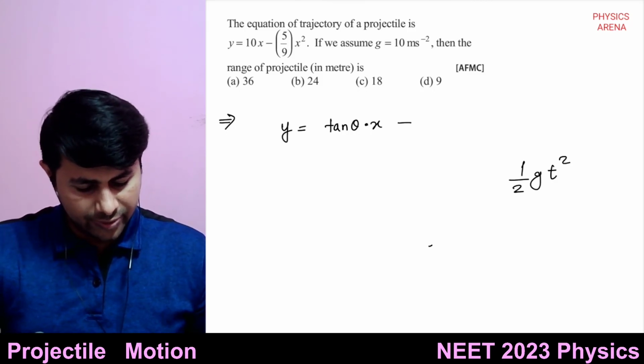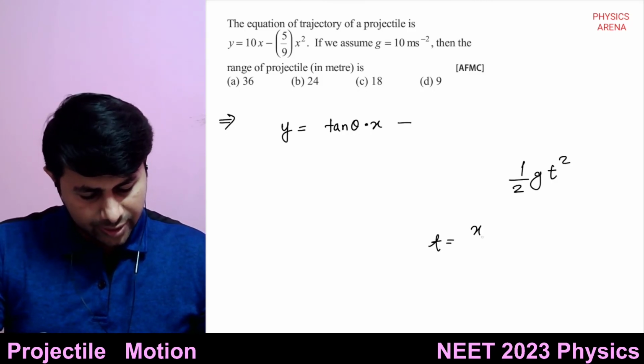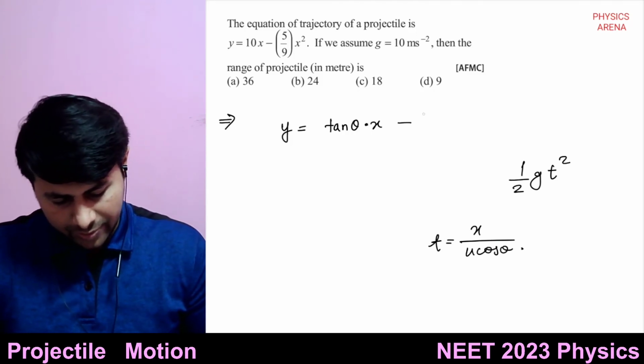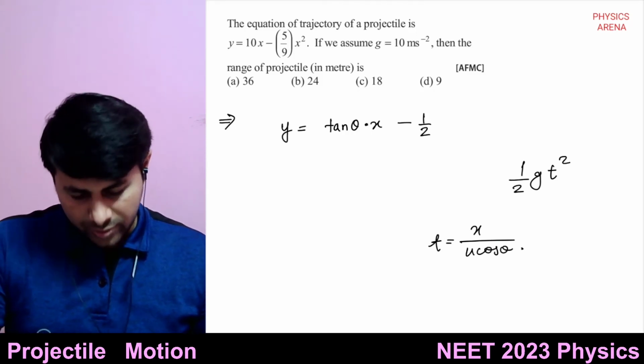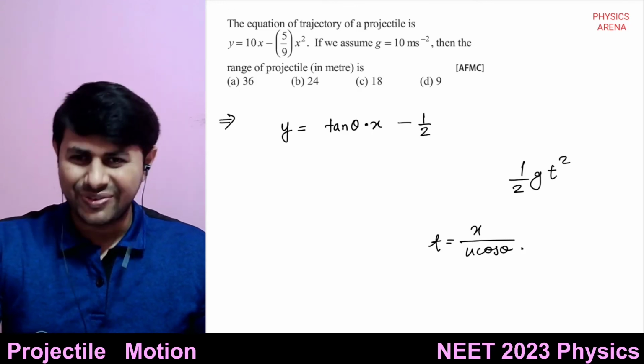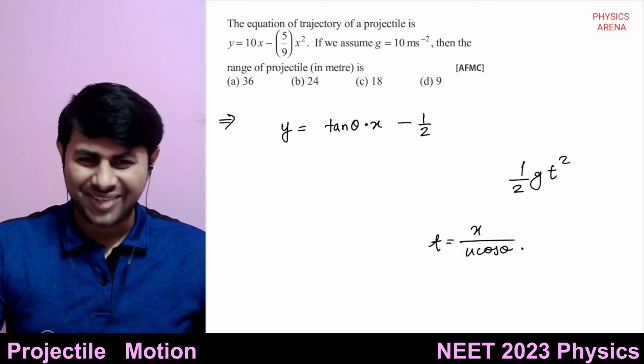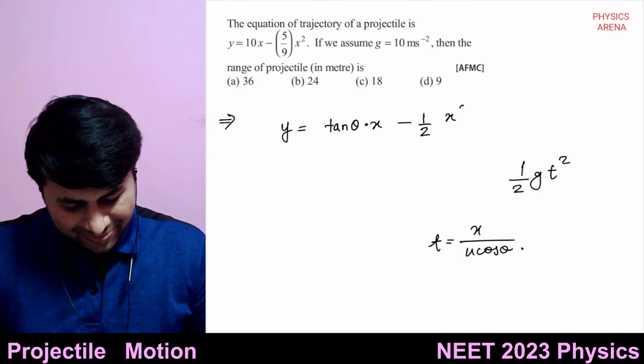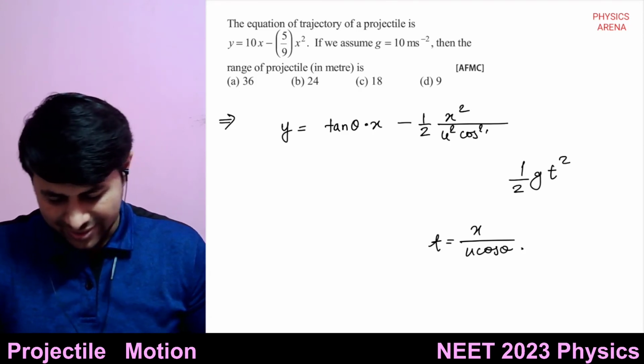And t is equal to what? x upon u cos theta. Okay, so minus half of g, x square upon u square cos square theta.